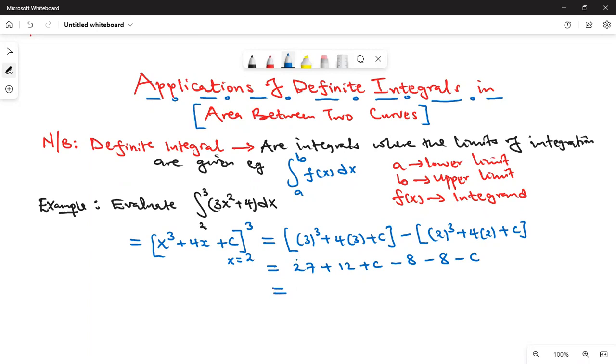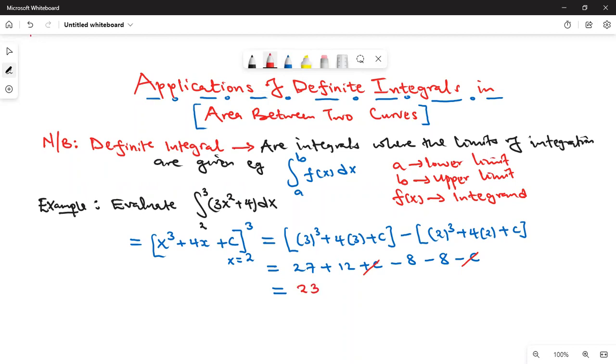Of course, 27 plus 12, that is 39, minus 8 minus 8. 39 minus 16 should give you 23. And you see the C's will cancel. There is a positive C and a negative C. So our answer here is 23.